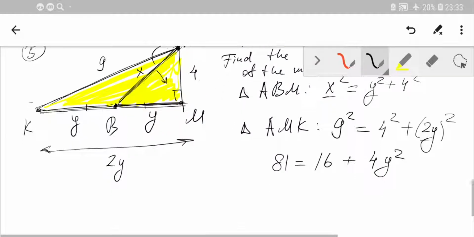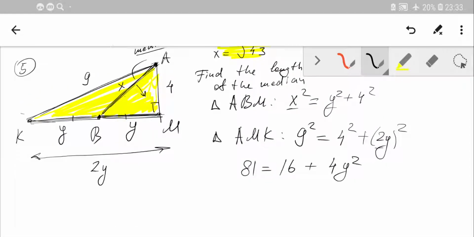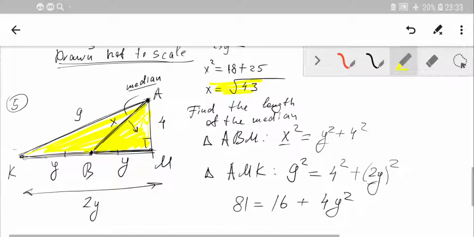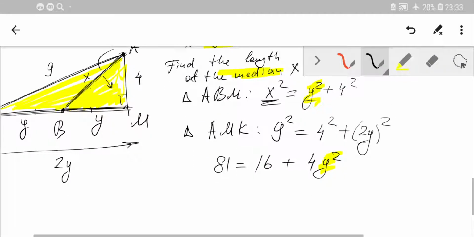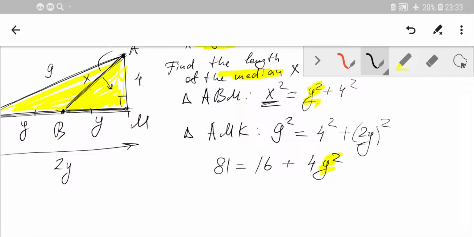Okay? So our final goal is to find the median. So the median in our case is x, and you can see that the median is here. All right. So in order to find the median, we need to know y. To know y, we can figure it out from here. I don't need the square root of y because I have y squared, so just simply find y squared.